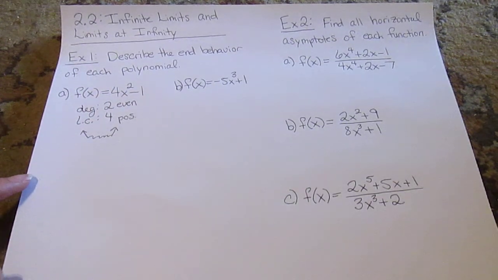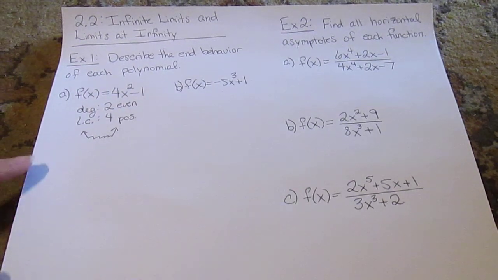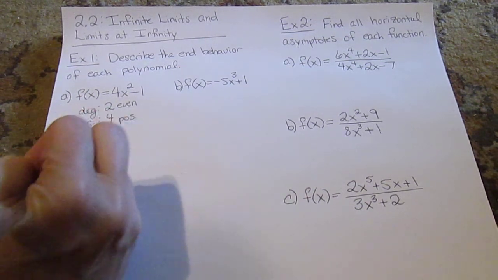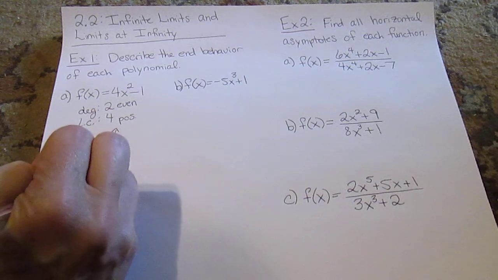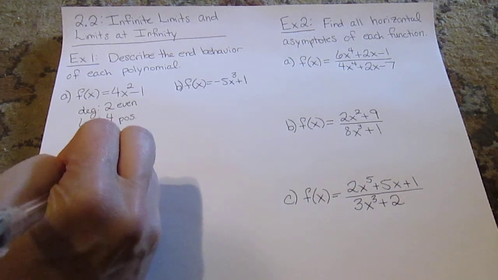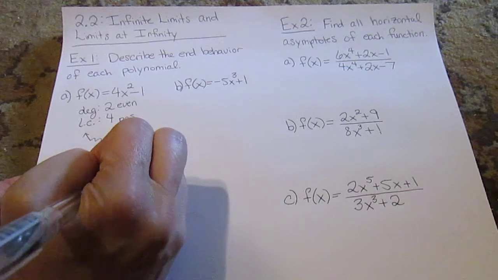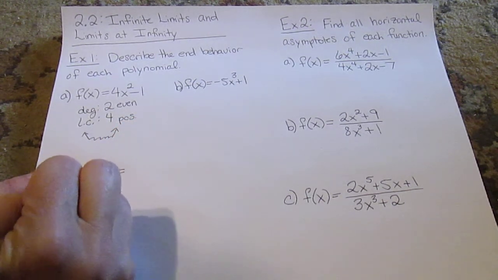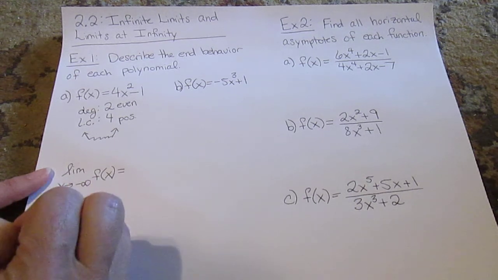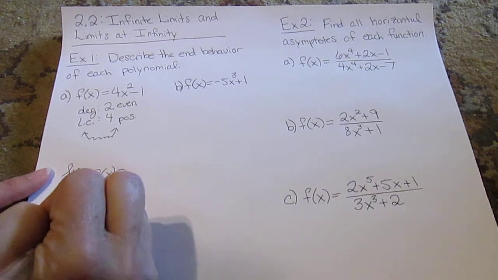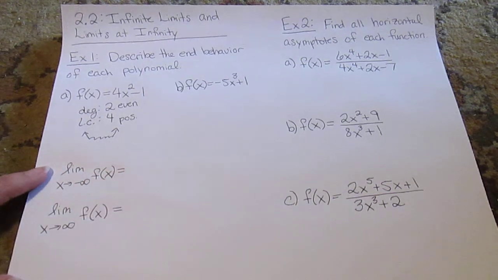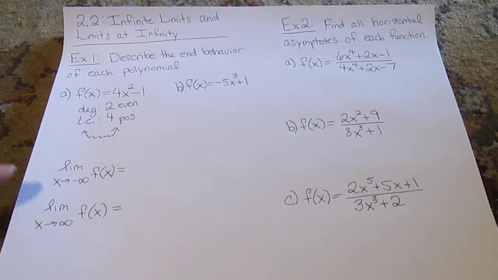Well, what does that mean if we want to write out some limits? Okay, well, we're going to figure out the limit as x goes to negative infinity of our function. And we're going to figure out what the limit is as x goes to positive infinity of f of x. Well, think about your x-axis.